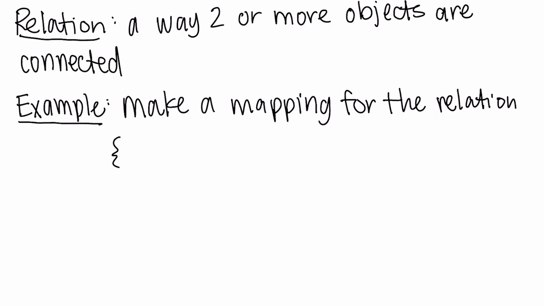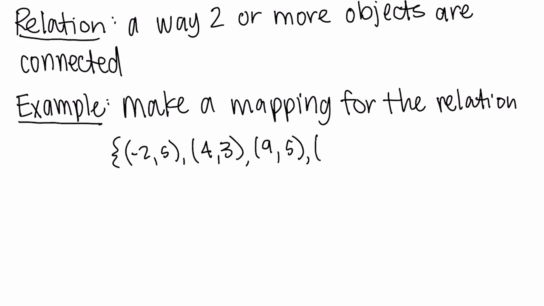The way that I'm going to write this is I'm going to write just a set of ordered pairs. Let's go maybe -2, 5, 4, 3, 9, 5, -7, -1, 6, 0, and then maybe 0, 3.